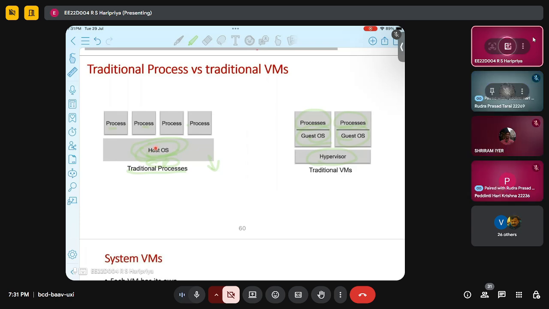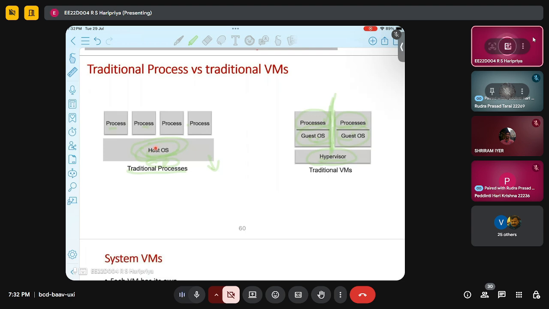Now the process running on a guest OS will have no idea of what kind of resources there are, and there is isolation between the processes. The two guest OSes are completely rigid. The resources shared between the guest OSes are completely managed by the hypervisor, so there is complete isolation of how much disk or other resource will be accessed by this virtual machine or guest OS.